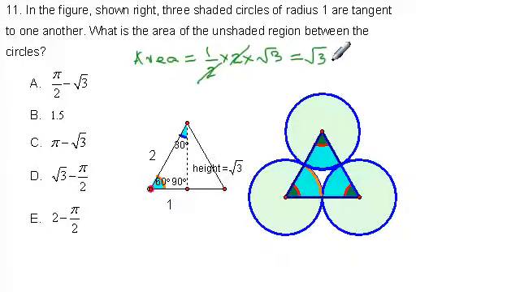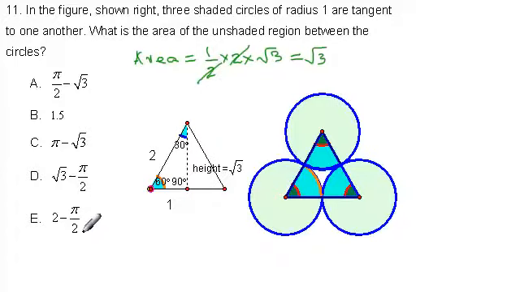So the area of the equilateral triangle is square root 3.